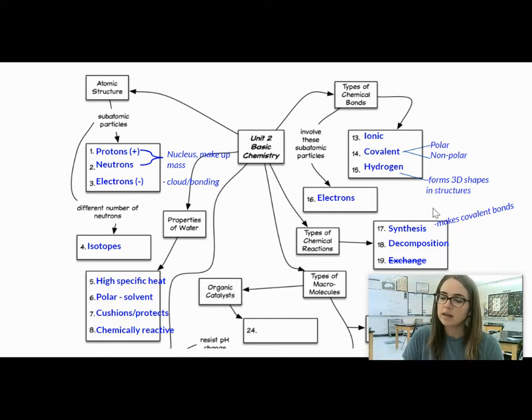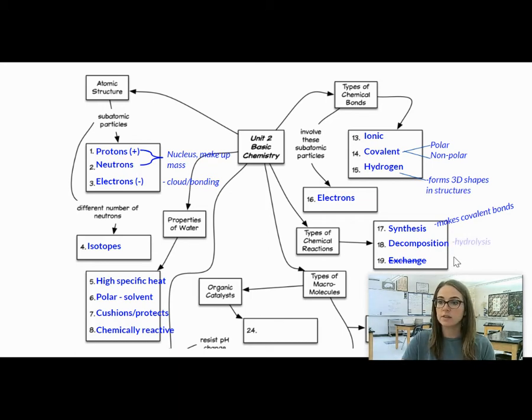To be a synthesis reaction, it just means you make something new. In this case, covalent bonds, or if it's between amino acids, we call them peptide bonds. Anytime we are hooking two subunits together or two monomers together to make a polymer, we call that a synthesis reaction. When we remove water, which is most of the time, it's called a dehydration synthesis reaction.